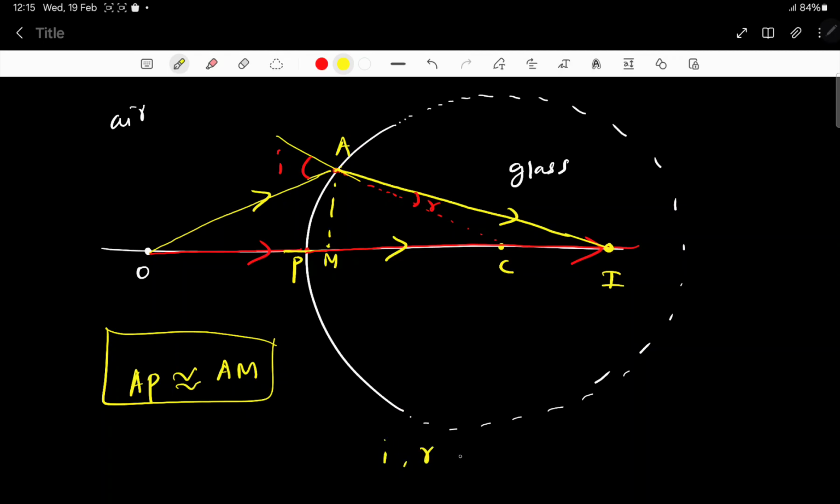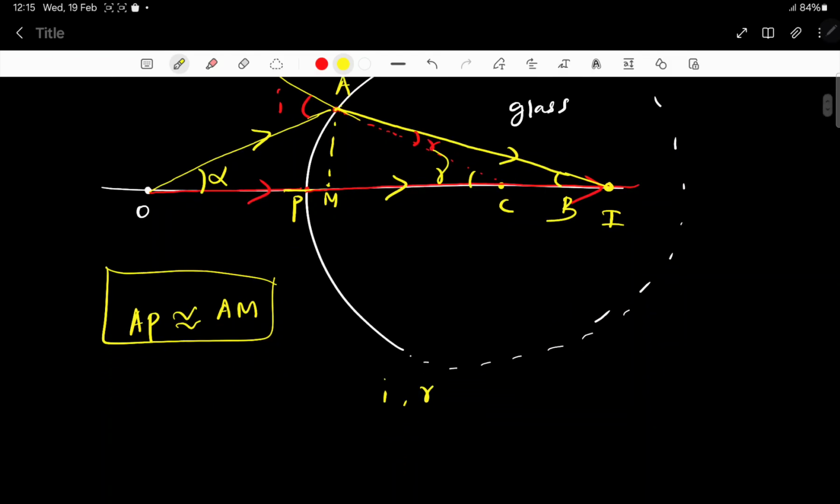Let me call this angle alpha, this angle beta, and this angle gamma. If i and r are so small, then alpha will also be small because A is located very close to P. So once i, r, and alpha are small, gamma and beta will also be very small.